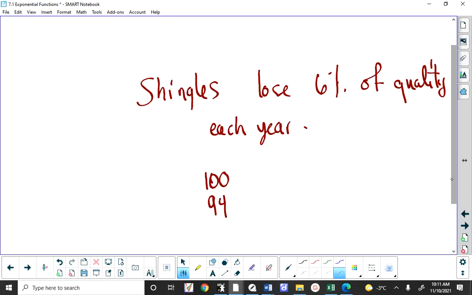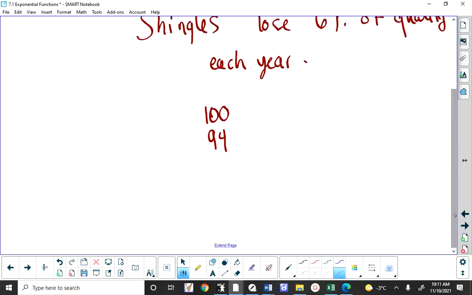So what I want you to do right now is figure out what coverage you would have after an additional year. So we need to figure out what we're going to have if we lose 6% of 94. Not 6% of 100, but 6% of 94.